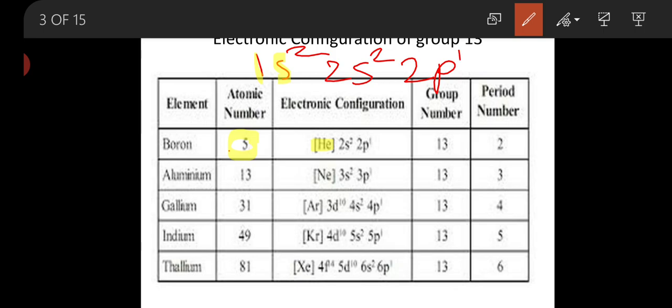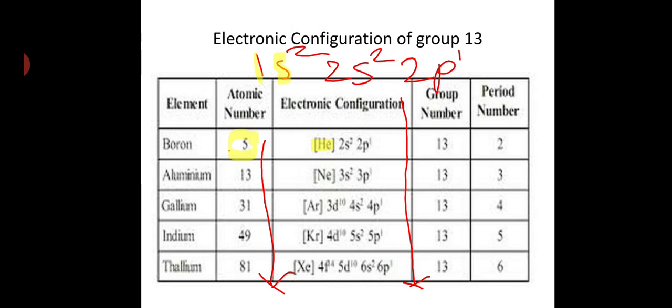As we go down the group 13 in the periodic table, the atomic number increases, the number of electrons also increases, and the energy level also increases. This is how we explain the electronic configuration of group 13 elements.